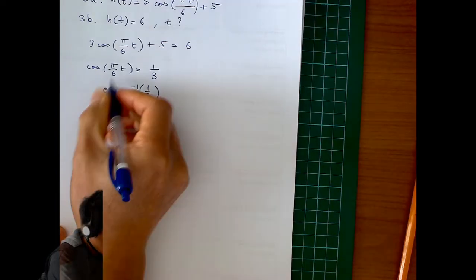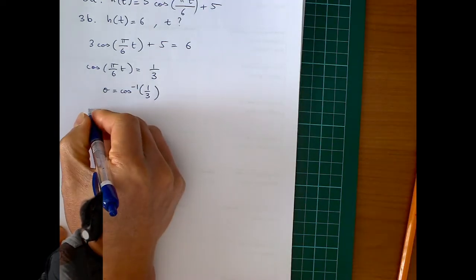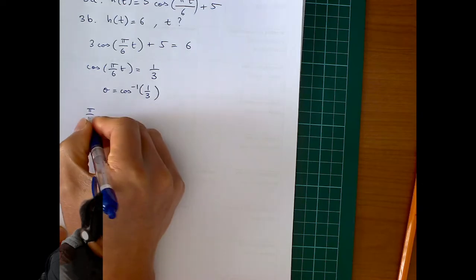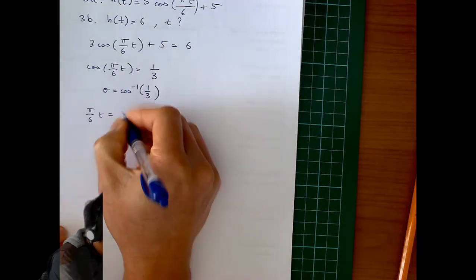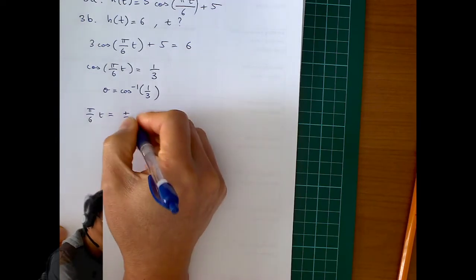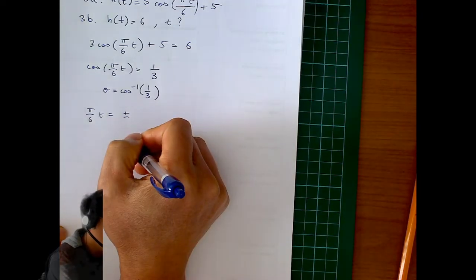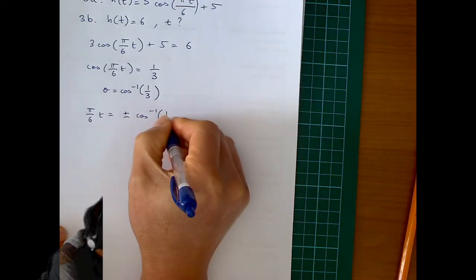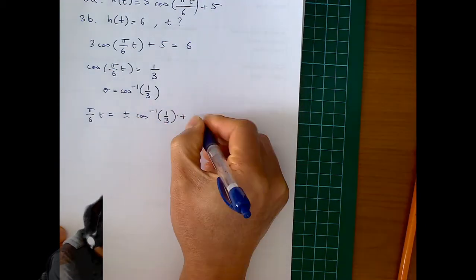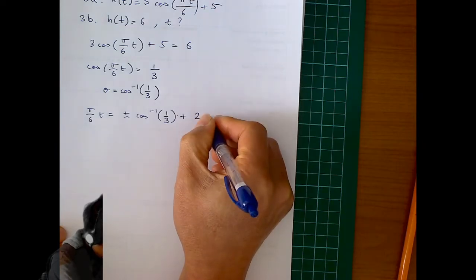Alright, so I can write the general solution. Pi over 6 t equals, it's a cos, so it's going to be plus minus theta, because you have two solutions, one in the first quadrant, one in the fourth, plus 2k or n pi.